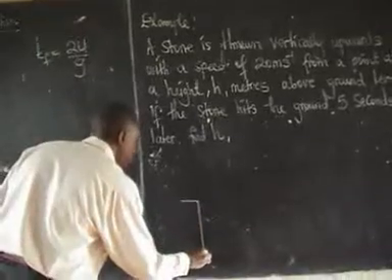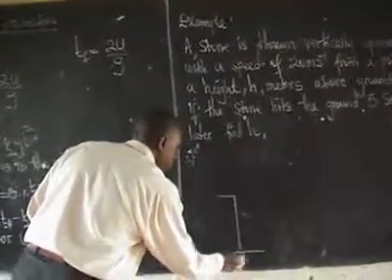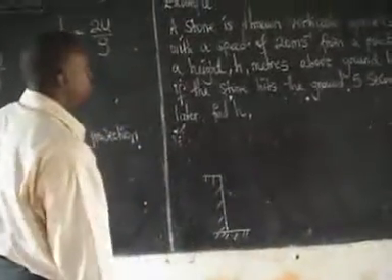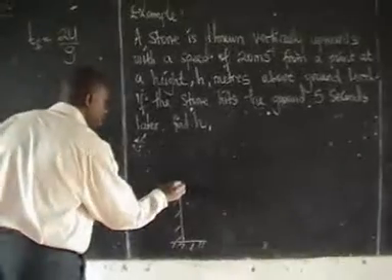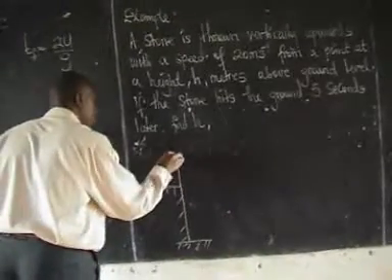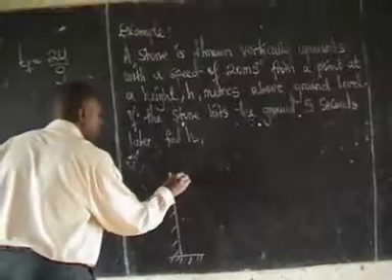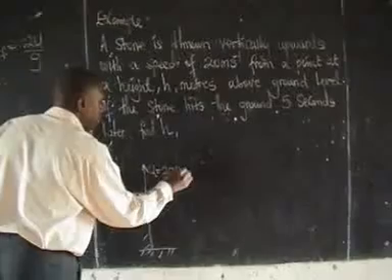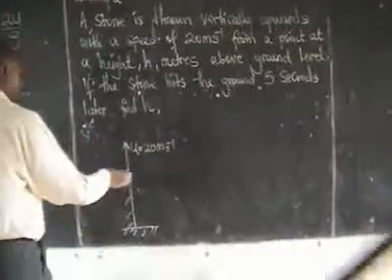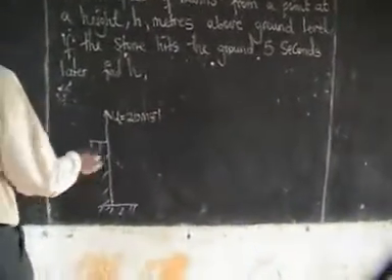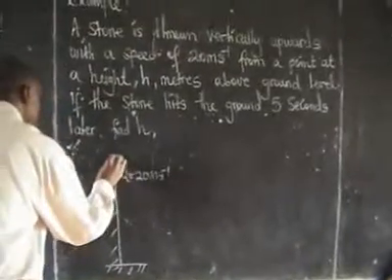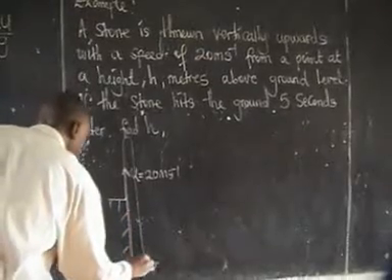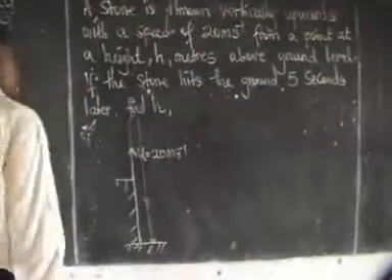So if this is our ground, the stone is somewhere here, it is projected vertically upwards with an initial speed u, which is equal to 20 meters per second. So this stone will reach a certain point, then it will come back and it will now hit the ground.